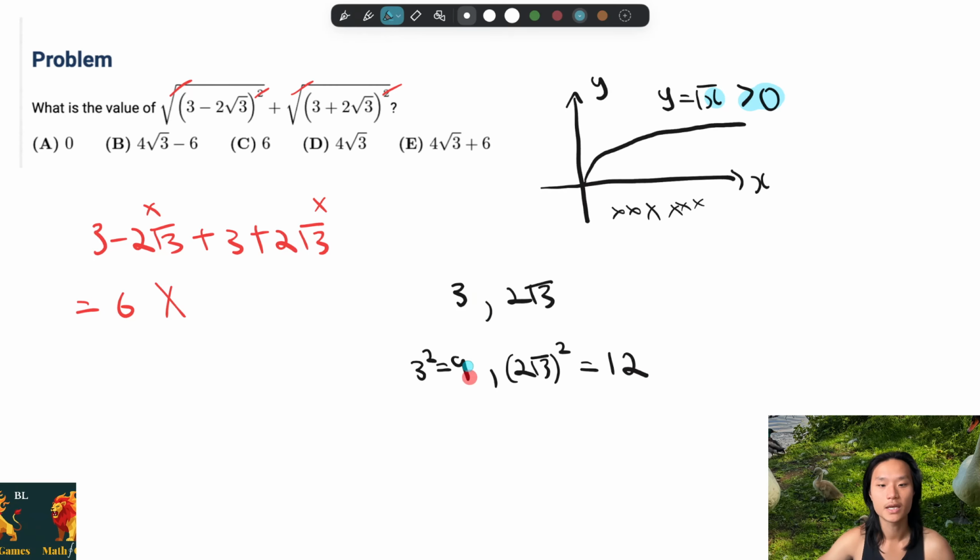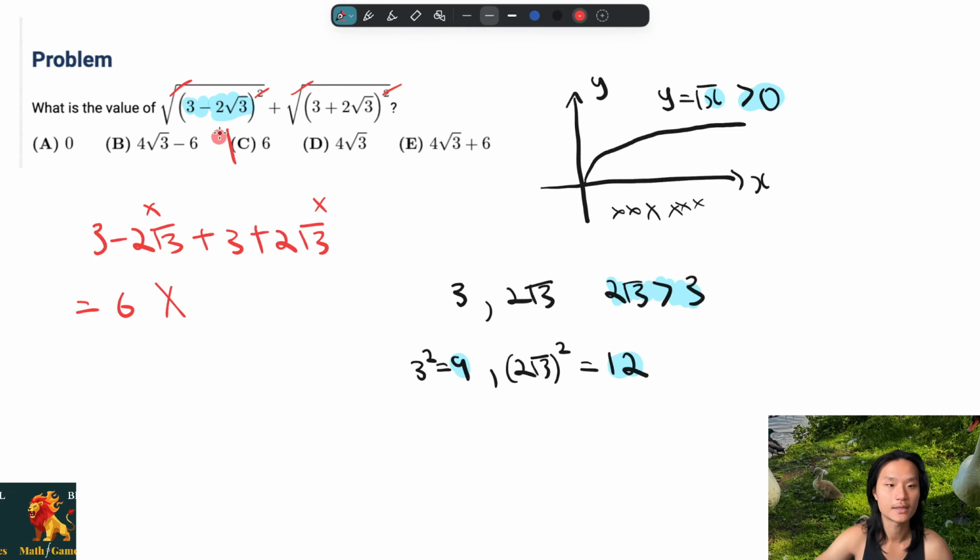So from this alone, we know that 2 root 3 is greater than 3. This is quite important because we now know that 3 minus 2 root 3 is smaller than 0. So it is negative, right?